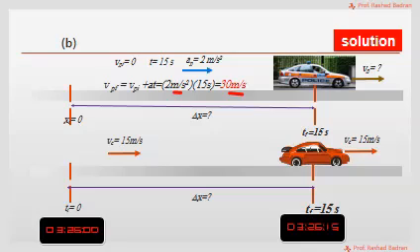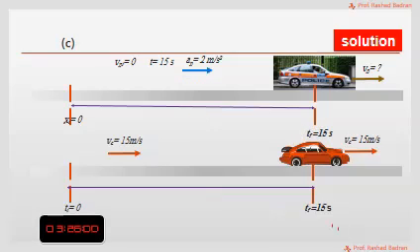To get a value for the final displacement, we just substitute back delta x equals the velocity of the red car multiplied by the time.